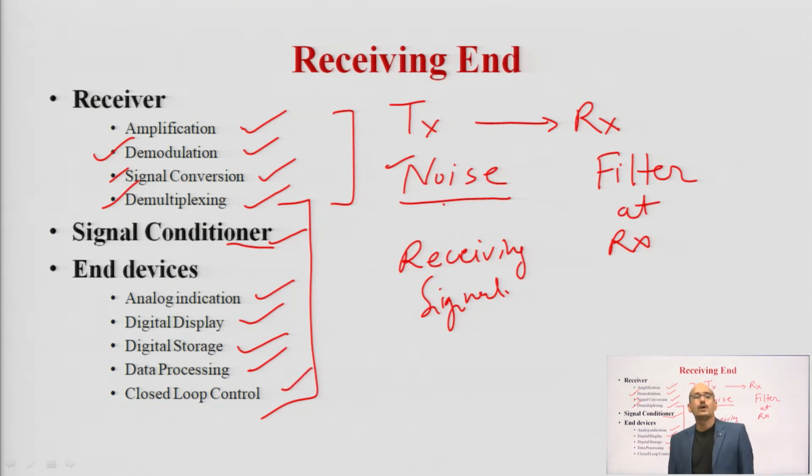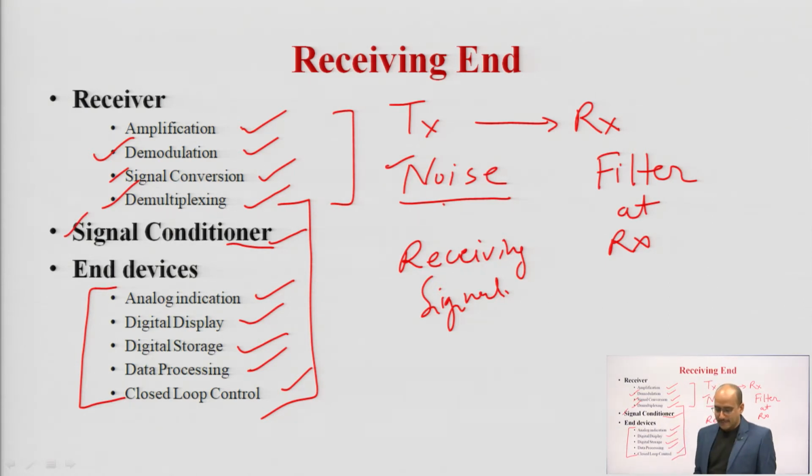As you know, in instrumentation sometimes you use open loop control or closed loop control, and closed loop control is used to regulate or control the system. That is why, as per the requirement of these end devices, you condition the recovered signal.